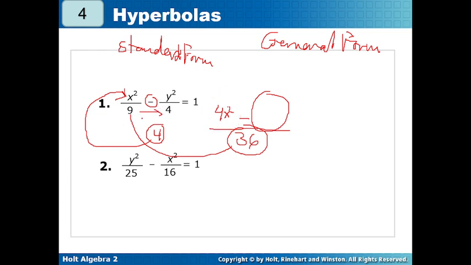How about for the other side? In this case, you have 36 as your LCD. Once again, same process: you're going to divide 36 by 4. What is the answer? It is 9, correct? So 9 multiplied by y squared, the answer is 9y squared, correct?